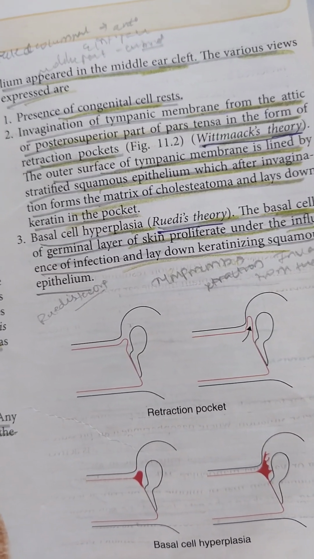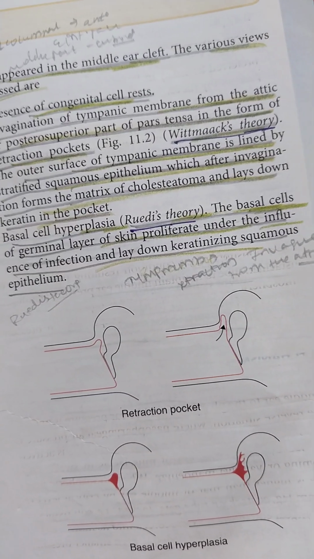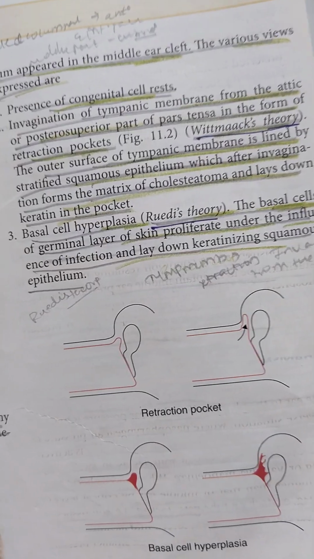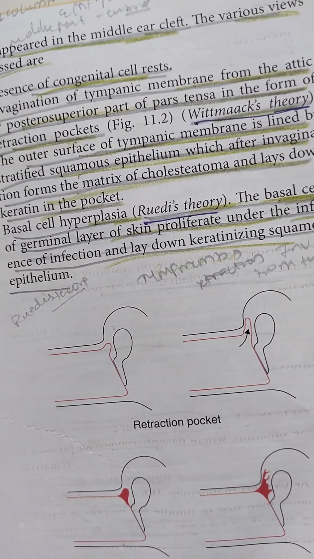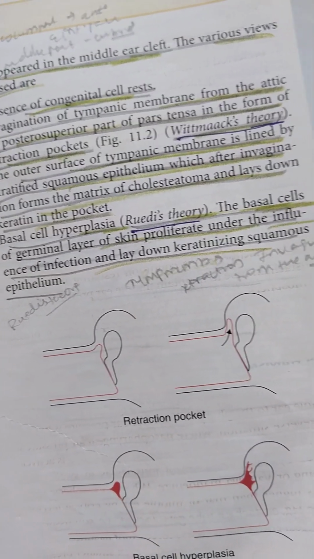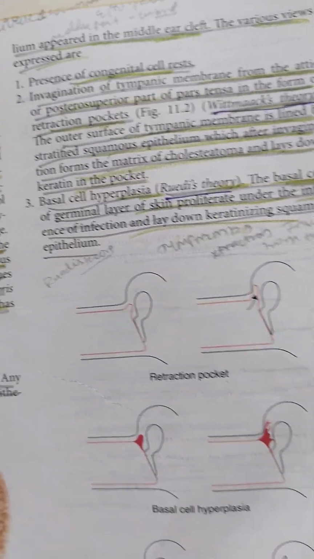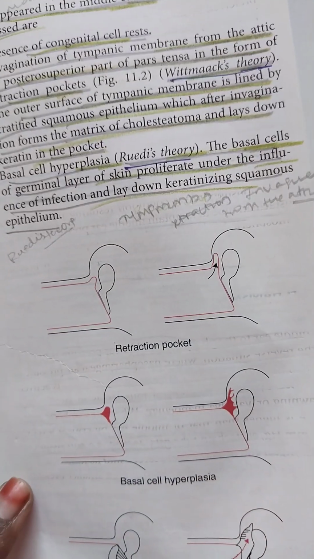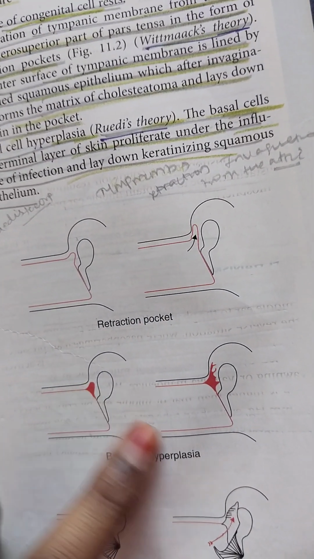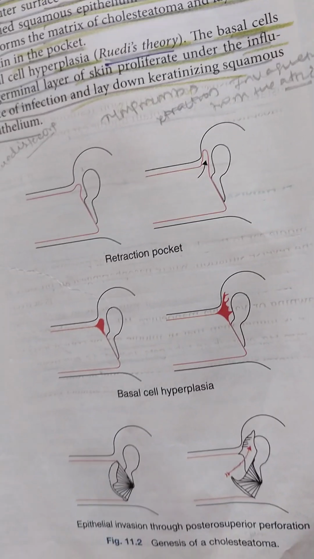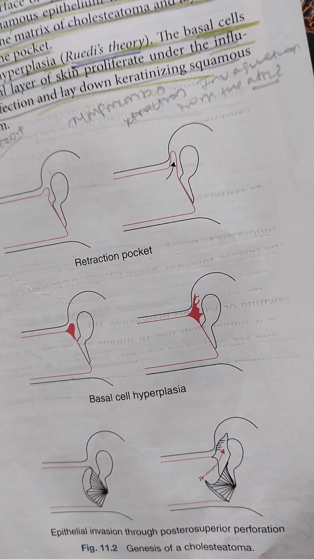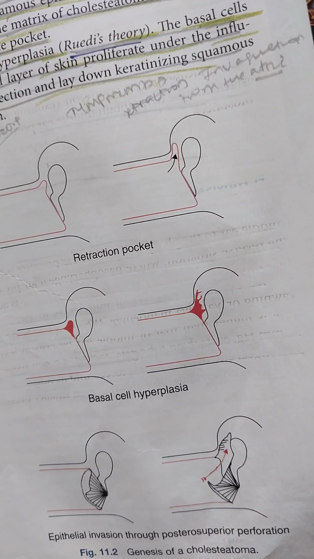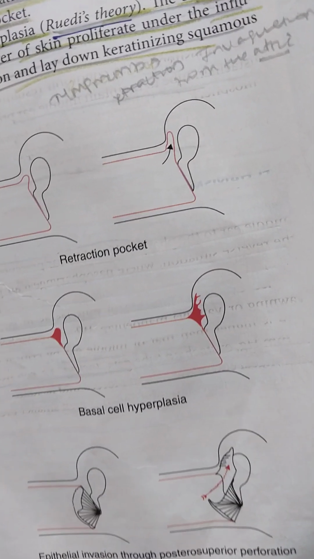Another is basal cell hyperplasia, which is Ruedi's theory. Basal cells of the germinal layer of the skin proliferate under some underlying infection, and they lay down keratinizing squamous epithelium. This is the retraction pocket we see here, and this is the basal cell hyperplasia you are seeing. Finally, they say epithelial invasion occurs through a perforation of the posterior superior part of the tympanic membrane.